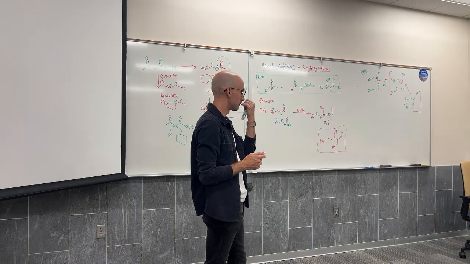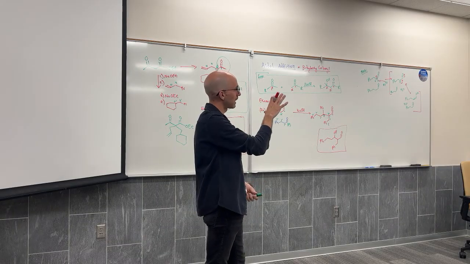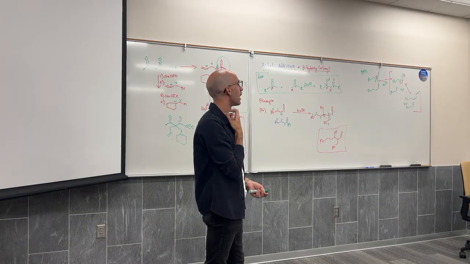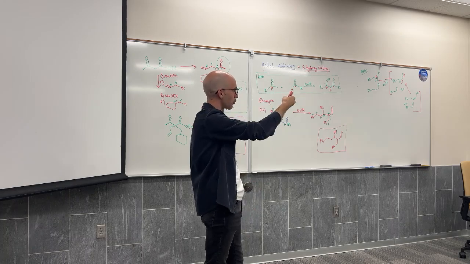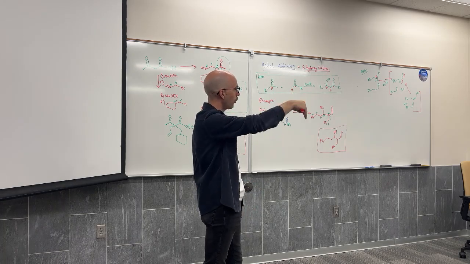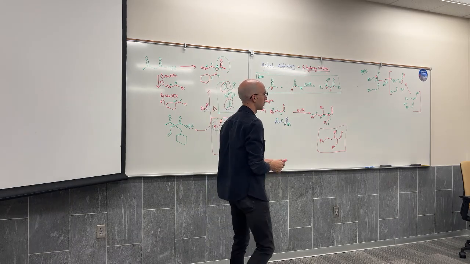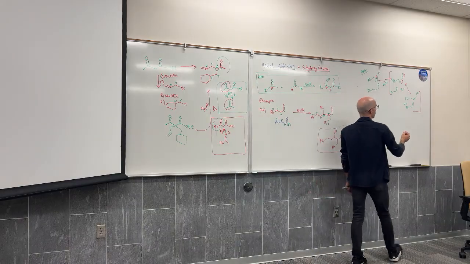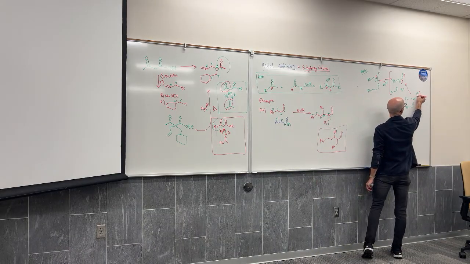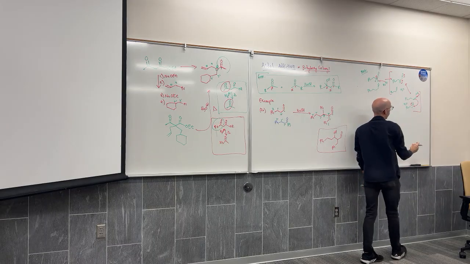Which means that from my second resonance form, I'll have to show the carbonyl reforming and the alpha carbon taking the pi electrons as nucleophile. Carbonyl reforms, alpha carbon attacks carbonyl carbon.